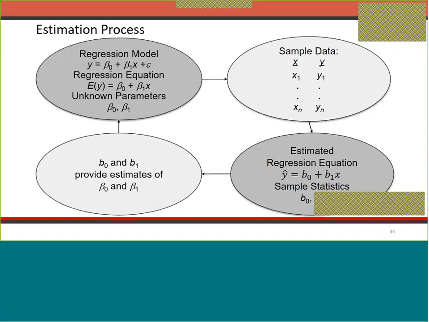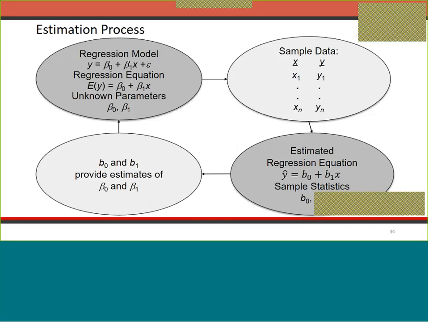Right? So what I have done so far is, there is a dependent variable y and an independent variable x, and we want to find a relationship between x and y, right?